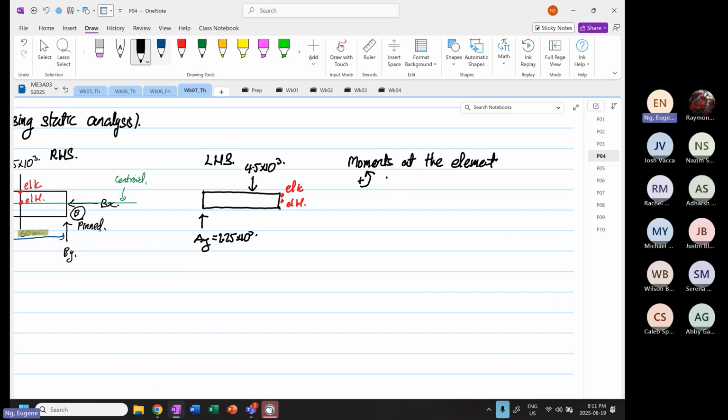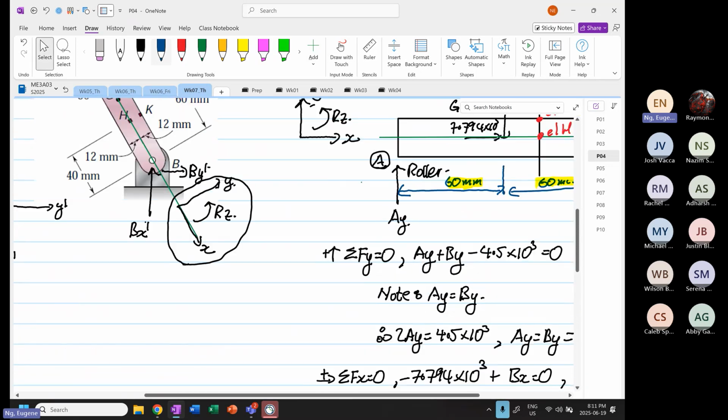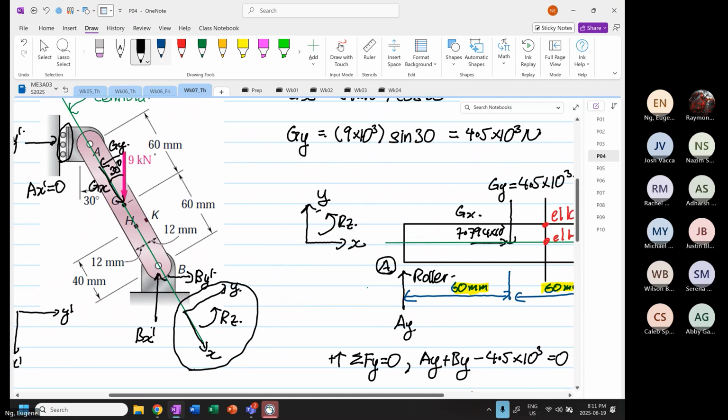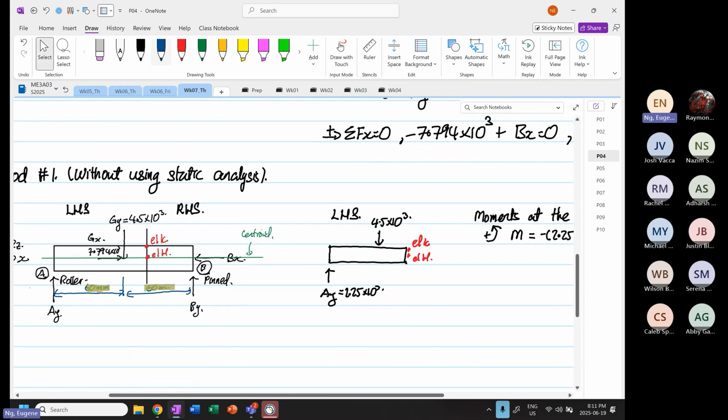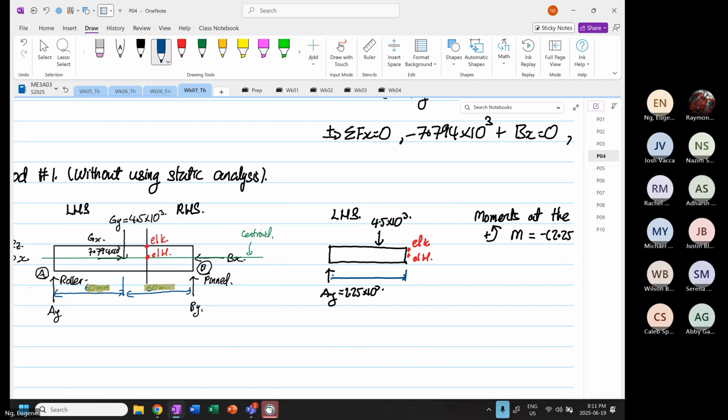So moment will be equal to the 2.25 is going to be minus, and the distance is what? If we look at the distance, from here to here is 20. Let me put in the dimension. This is 80 millimeters and this is 20 millimeters.